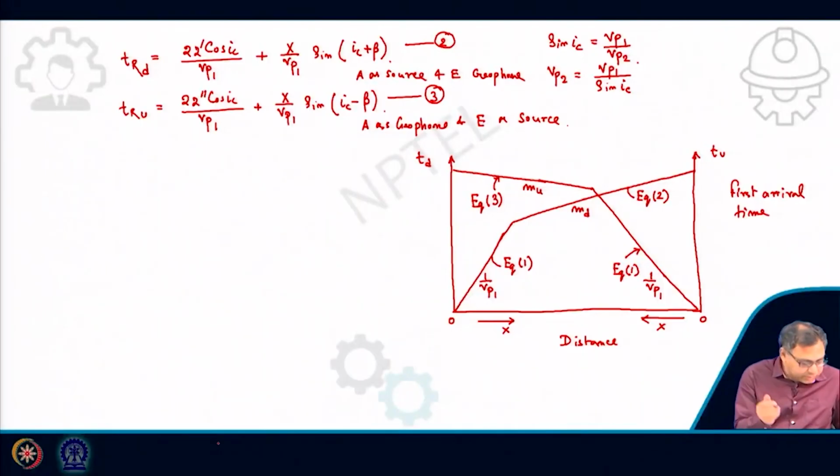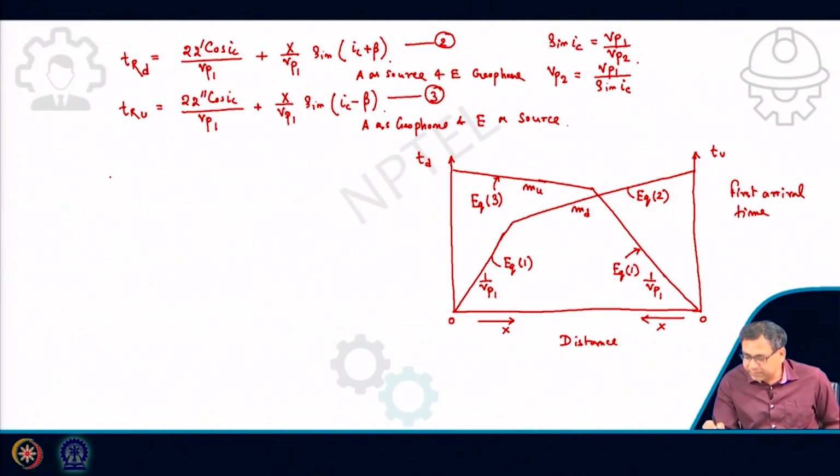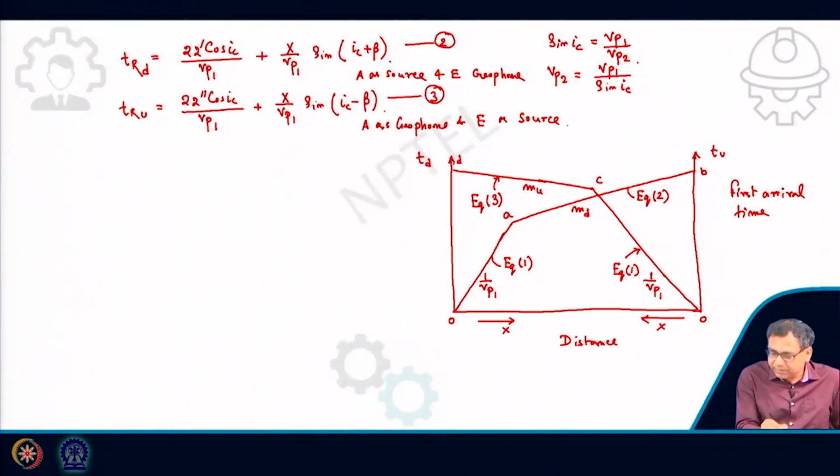Okay. So, I can write, say this is A, this is B, this is C, this is T. So, I can say that MD is the slope of line AB.